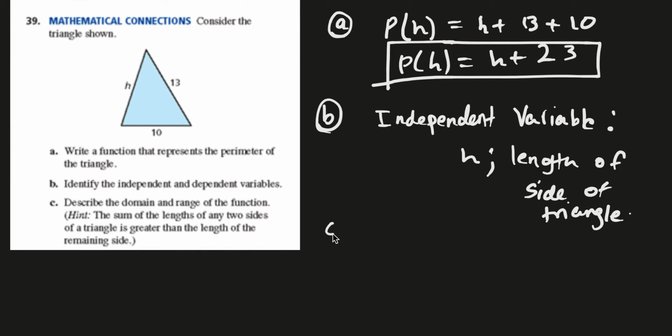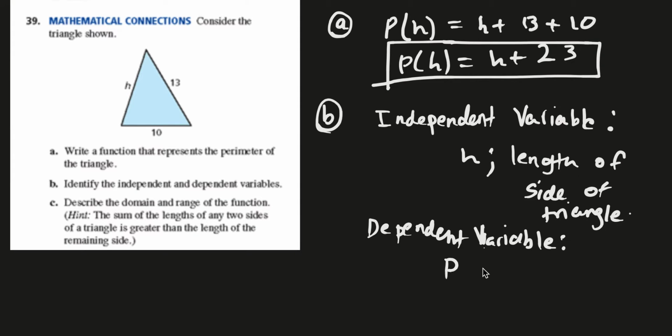So this is B. The dependent variable is, of course, the output, which in this case is the perimeter. So the variable is P of H, or the perimeter.